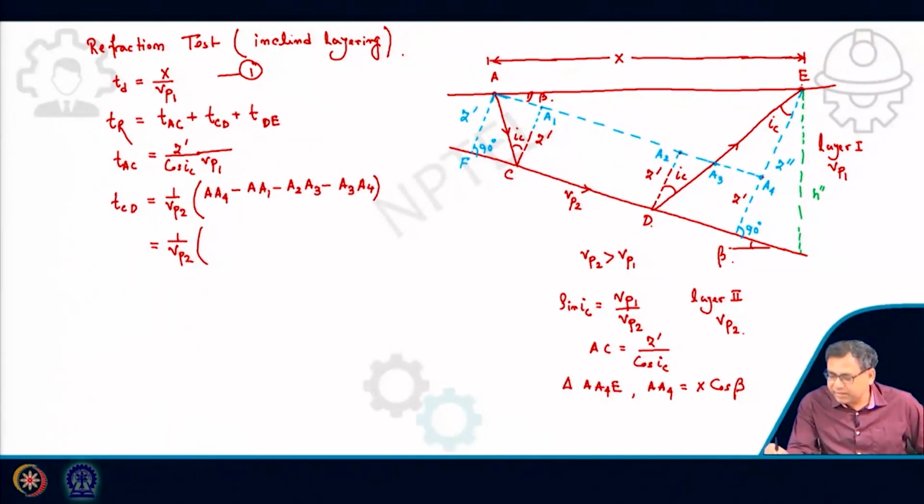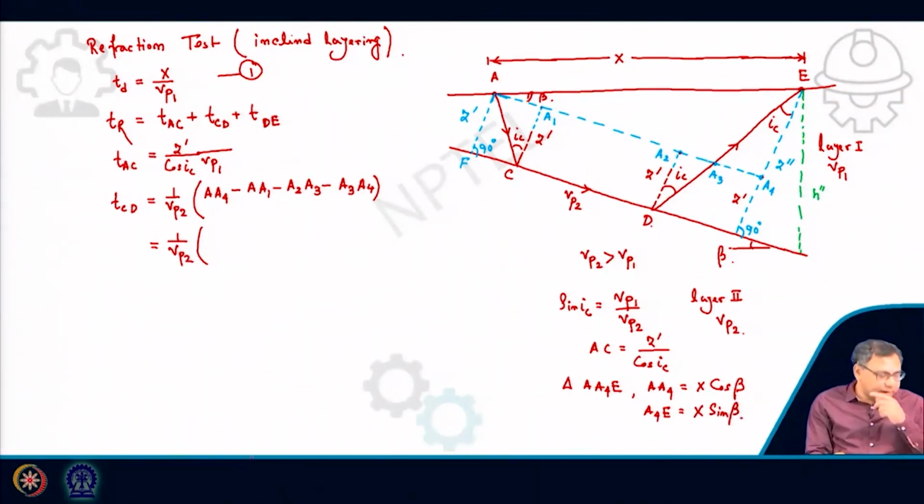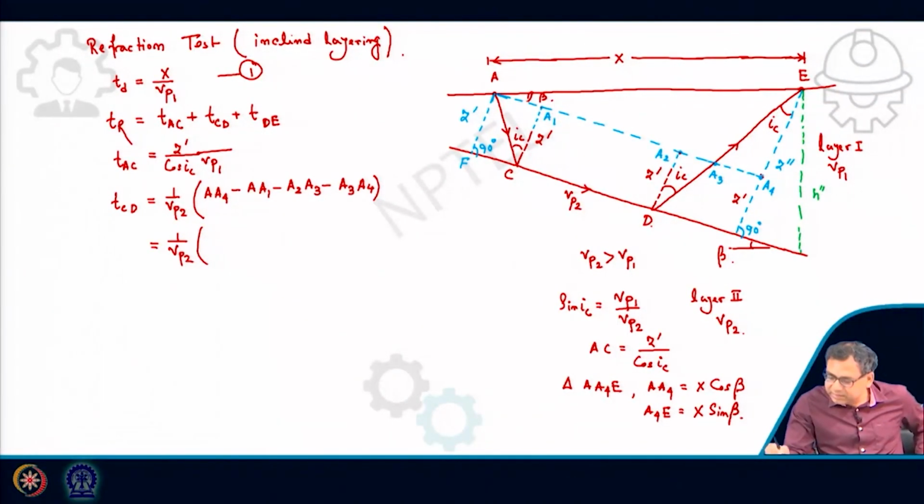From this triangle I will get this one as x cos beta, this one as x sin beta. Actually from the same triangle I will get A4E equal to x sin beta, that I will use later on.